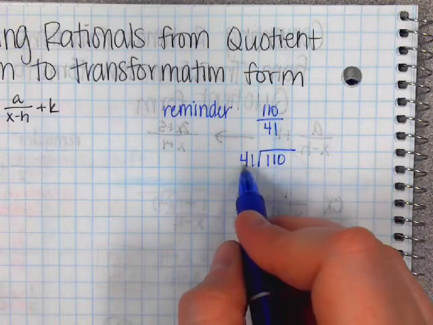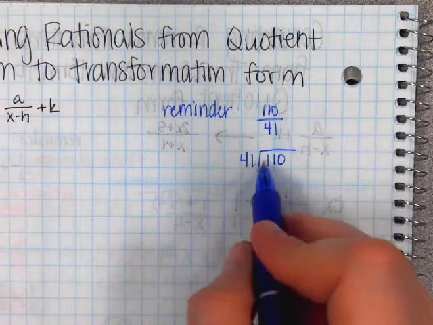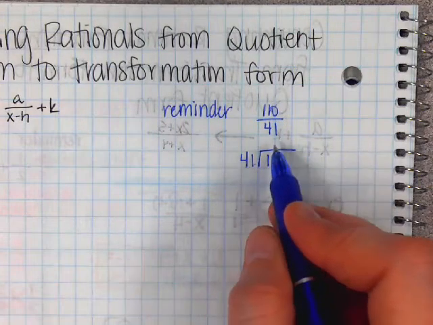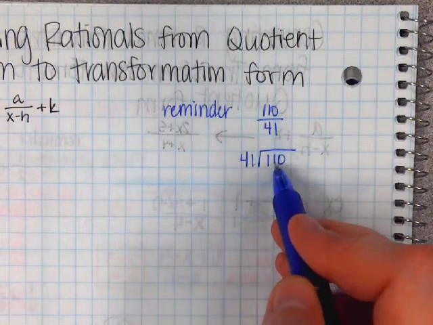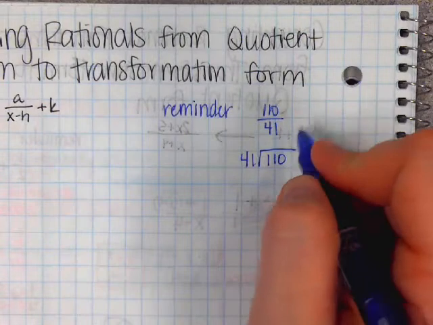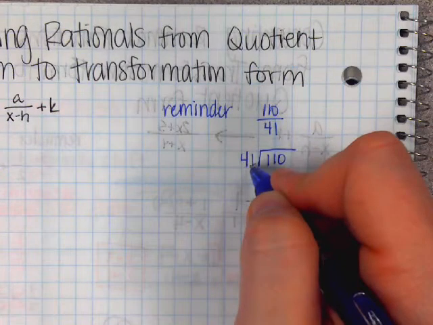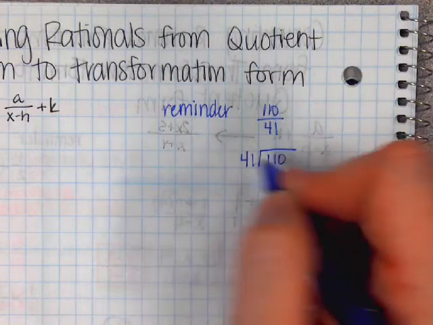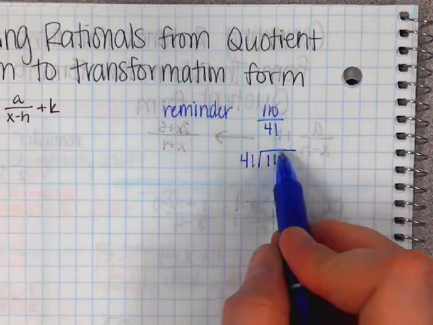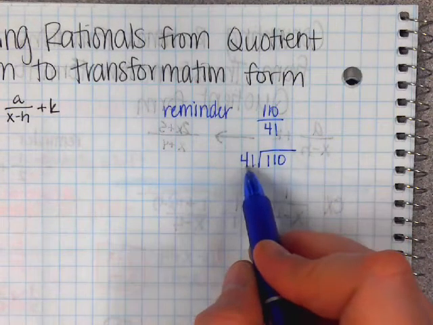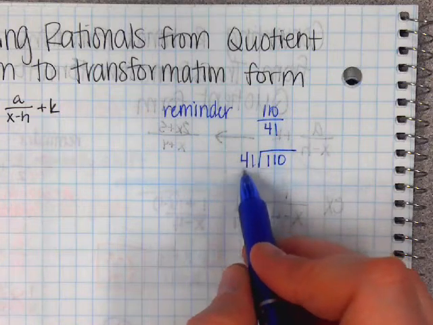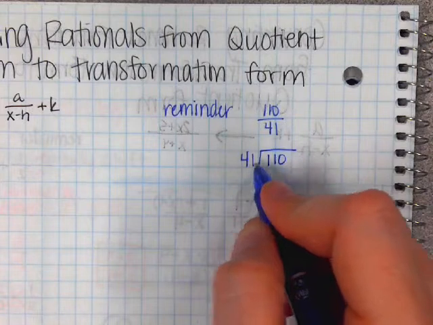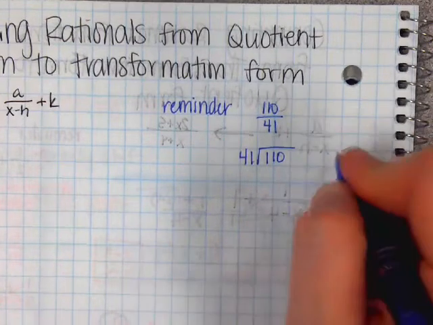I'm just thinking of what I can multiply 41 by to get 110, or get close without going over. 40 times 2 would be 80. 40 times 3 would be 120, so we know it can't be 3. I just use easy numbers that are close. So 41 times 2 is probably going to do it.